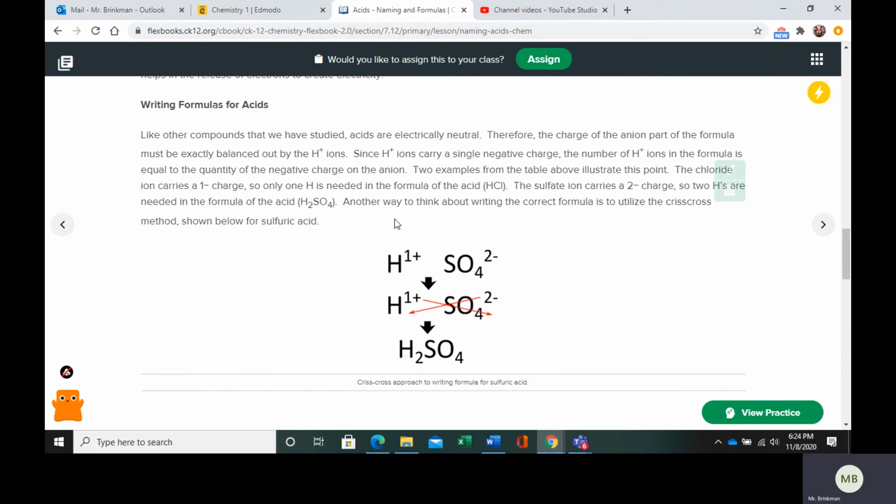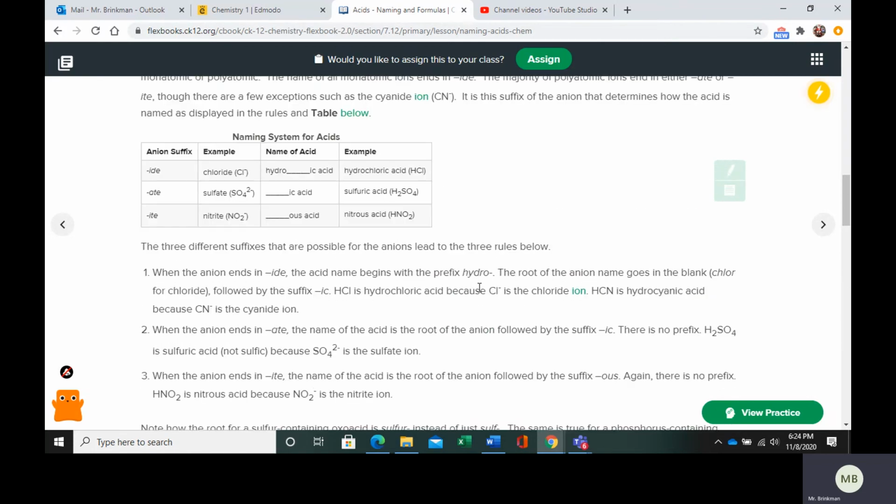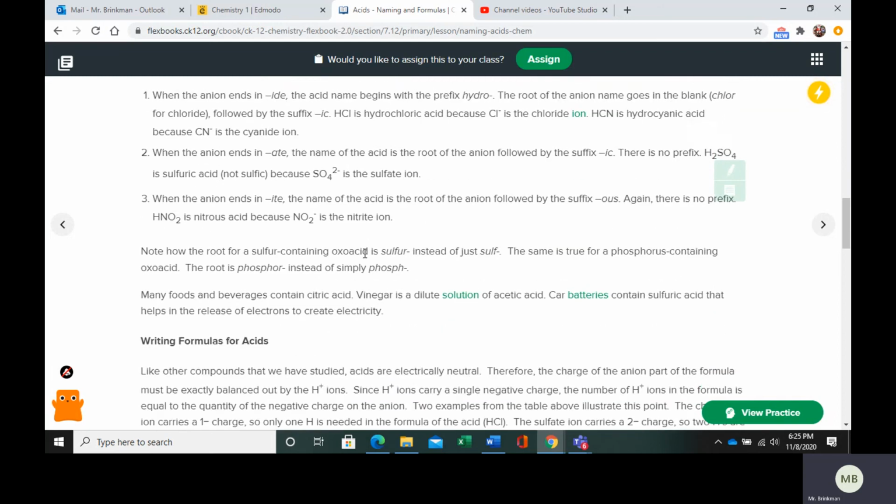How do we balance them out? Well, what we do is we can use the crisscross method as shown here. So if you have hydrogen, which is +1, and sulfate, I think that's sulfate. Let me just make sure. Yep, sulfate.